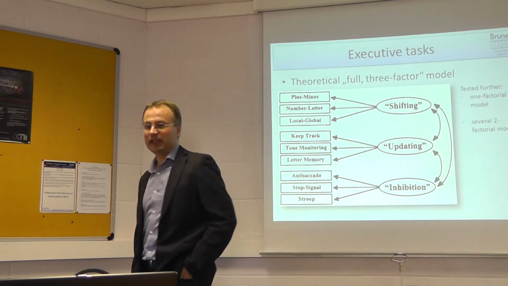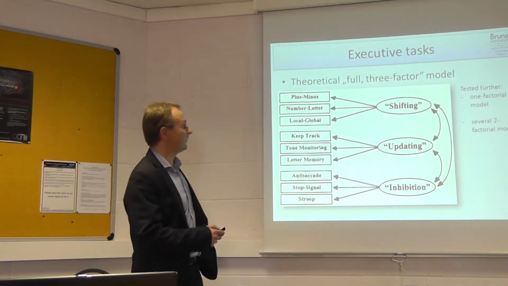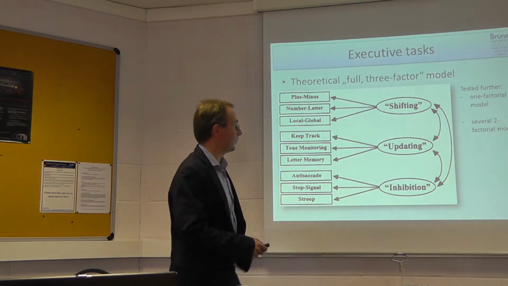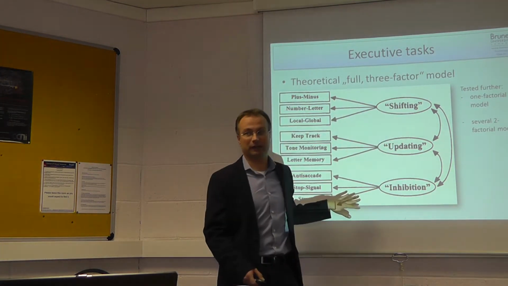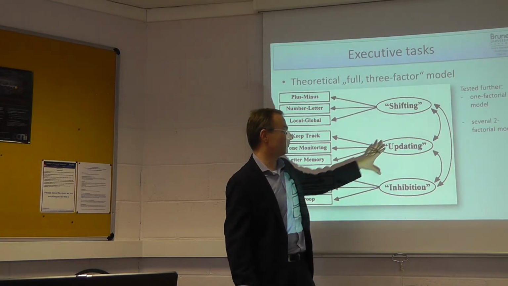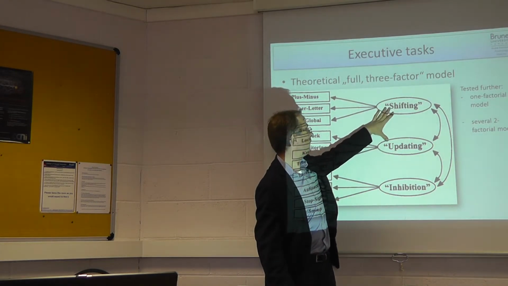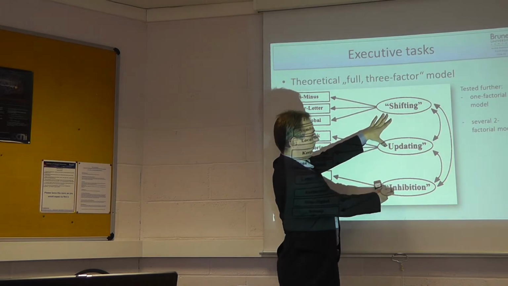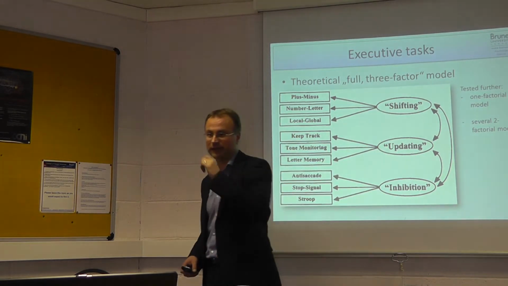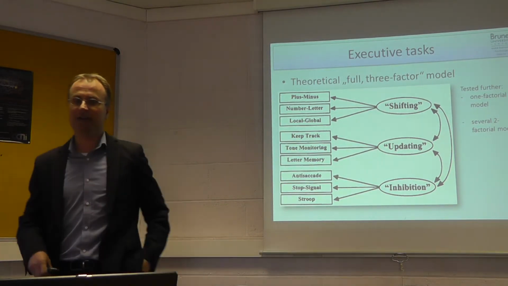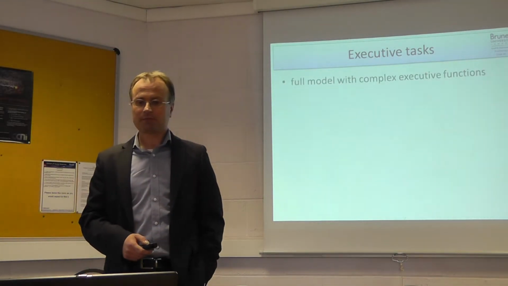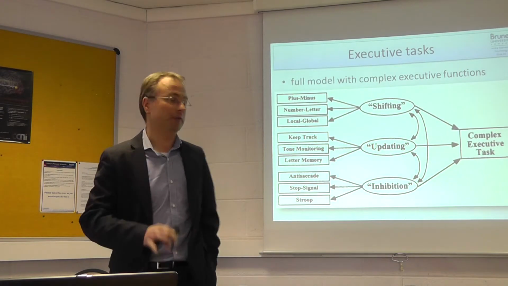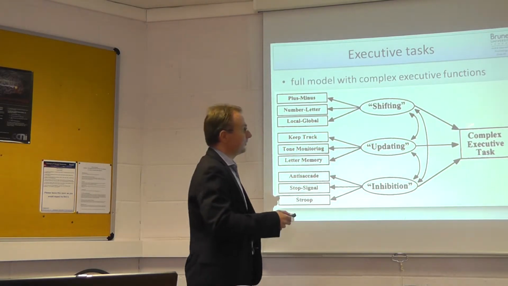In addition, they tested one factorial model, so all of these are one function evenly described by everything else, or several 2 factorial models. So these are one function and separate from this, and all the combinations you have. And then they try to fit the data to that. We come later to the results of that.